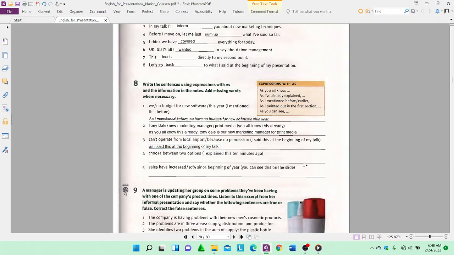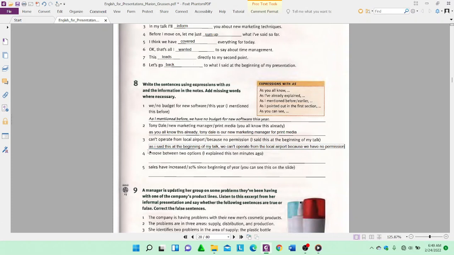Can operate from local airport because no permission. Okay. Mungkin bisa kita buat we can't, kalau British can't ya. We can't operate ya from the local airport because we have no permission. Bisa ya.